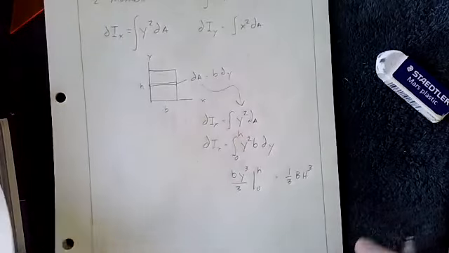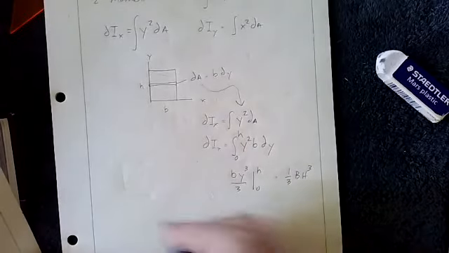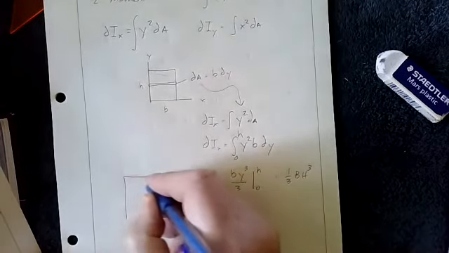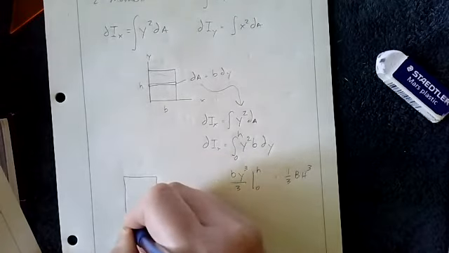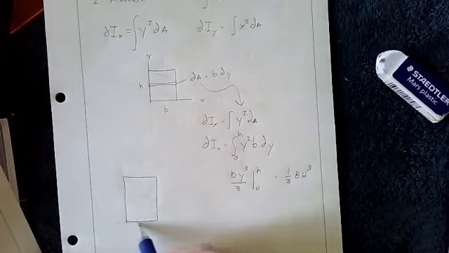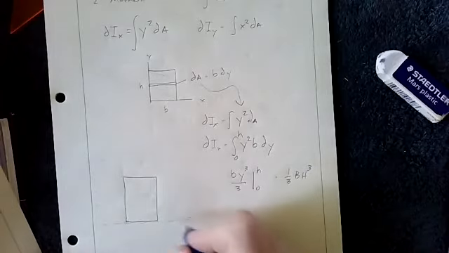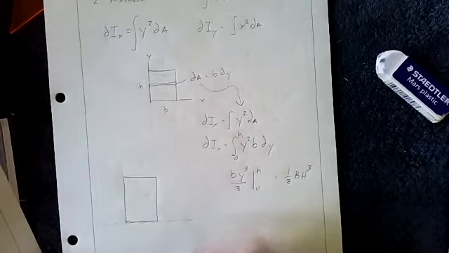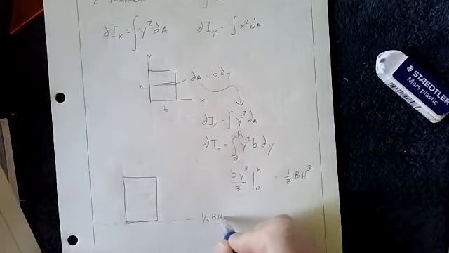So that says the moment of inertia of a rectangle with respect to its base is 1/3 bh cubed.